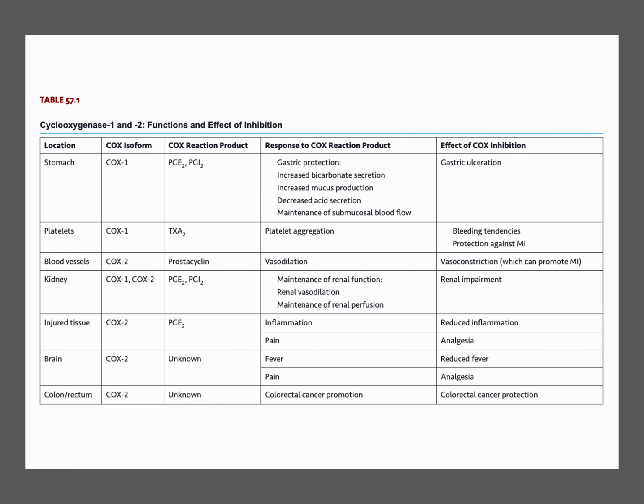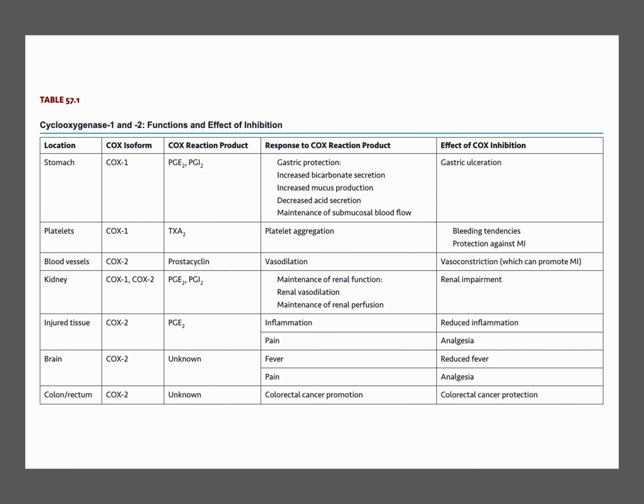In response to the reaction product, we will see what you're looking at in the fourth column, right? So in the stomach, if we don't inhibit COX, and COX is doing what it's supposed to do, then the response we're expecting is increased bicarbonate secretion, mucus production, a decrease in stomach acid, and help with submucosal blood flow.